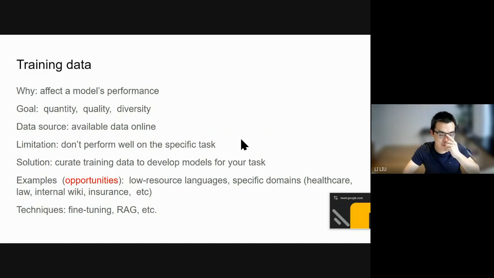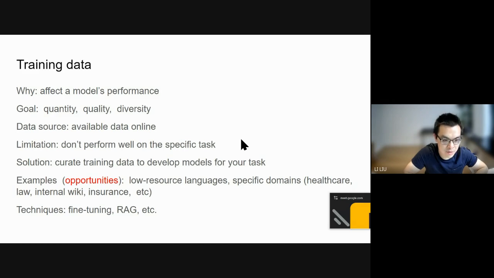To start with, we know training data is super important because that will largely affect the model's performance. In the past, we only talked about big data, but by talking about big, we are only talking about the quantity and the size of data. However, in terms of the AI model, we also need to care a lot about the quality and diversity of the training data.